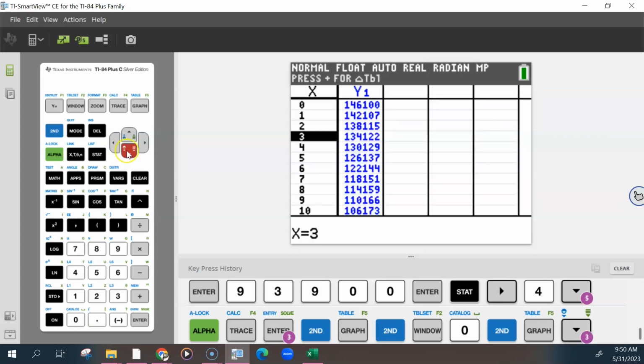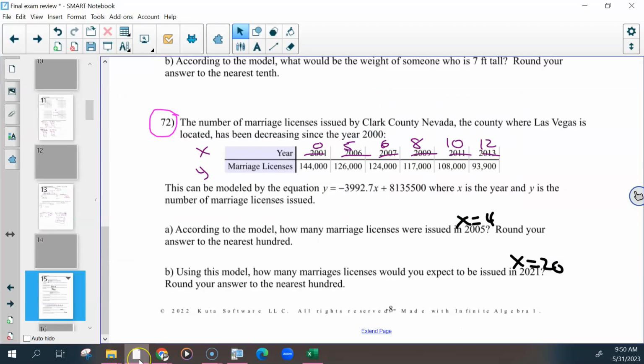So at 4, it was 130,129. I'll write that down, and then we'll go back and find the next one.